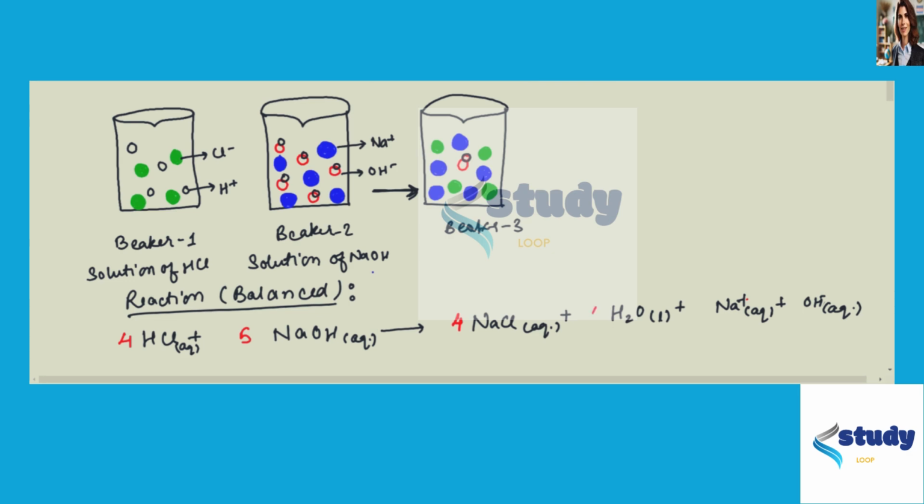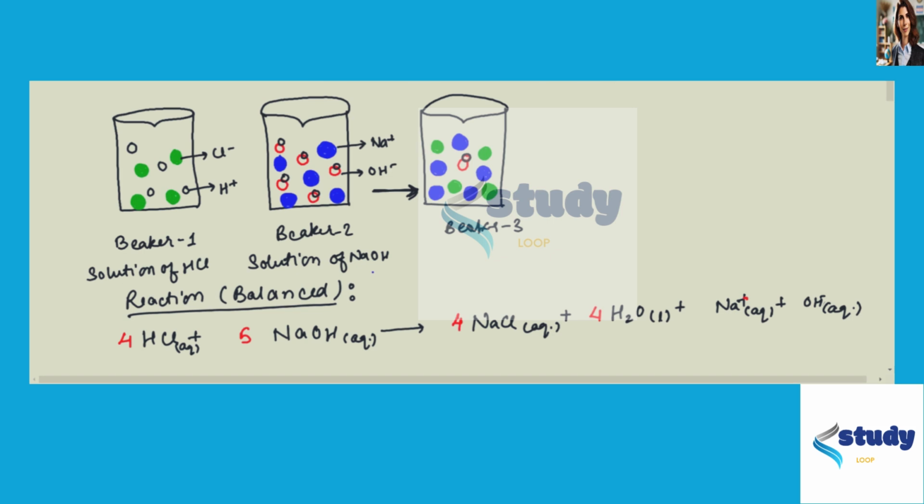We can easily find out the ions present in beaker number 3. So this will be 4 H2O liquid, and Na plus will be Na plus only. Why? Because here 4 Na plus we have taken, and here it will be Na plus.